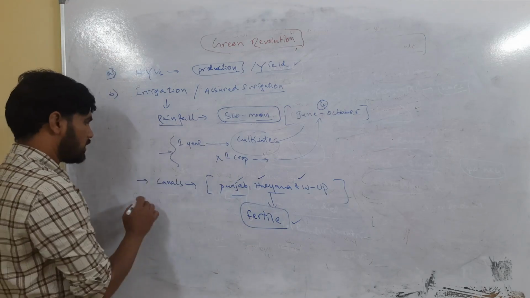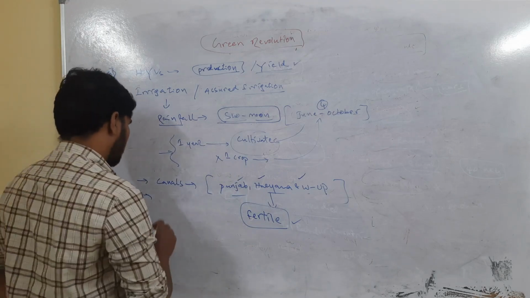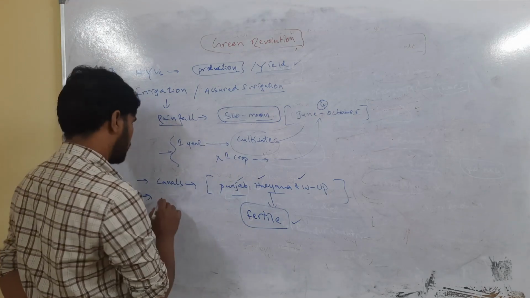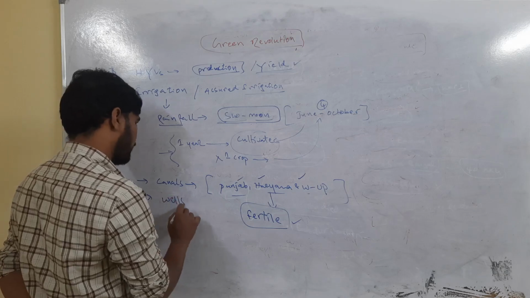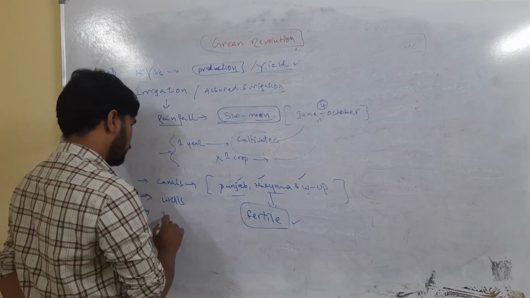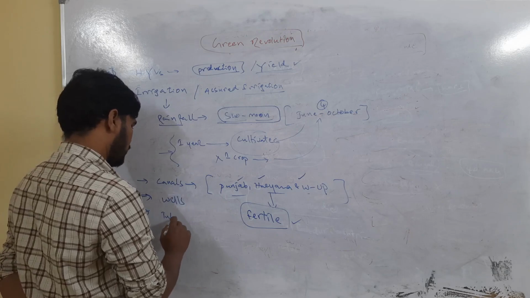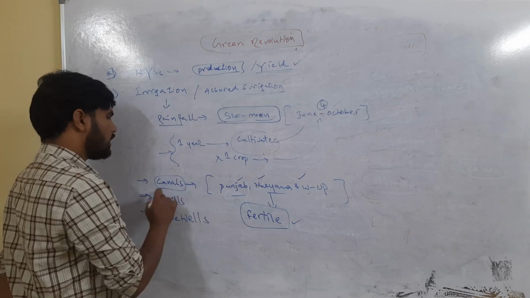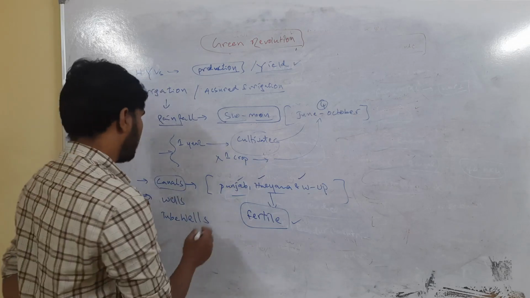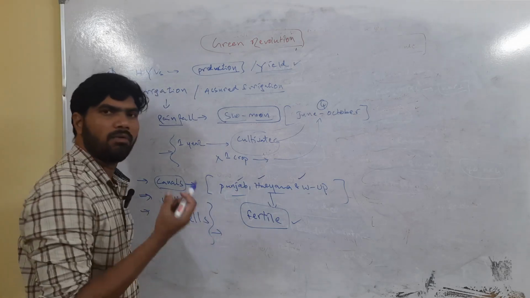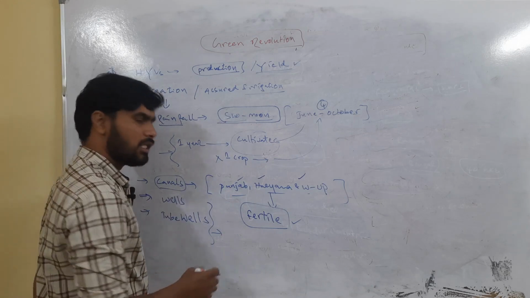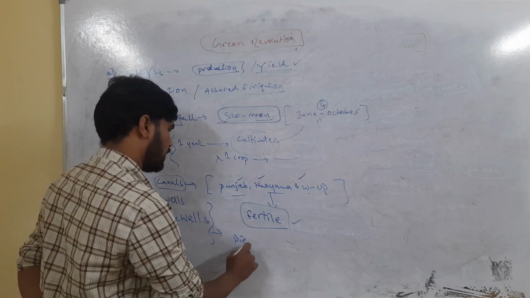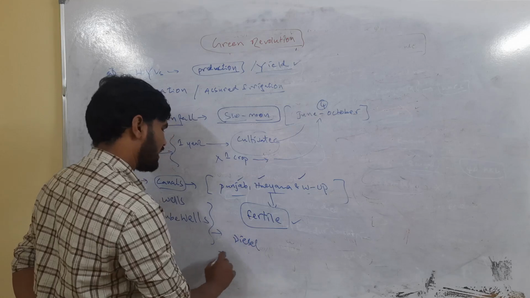So not only have we dug canals, but we have also dug open wells, and sometimes tube wells. For canals there is no need for electricity, but for wells and tube wells, to get the water from them, diesel motors have been introduced, or electric motors.